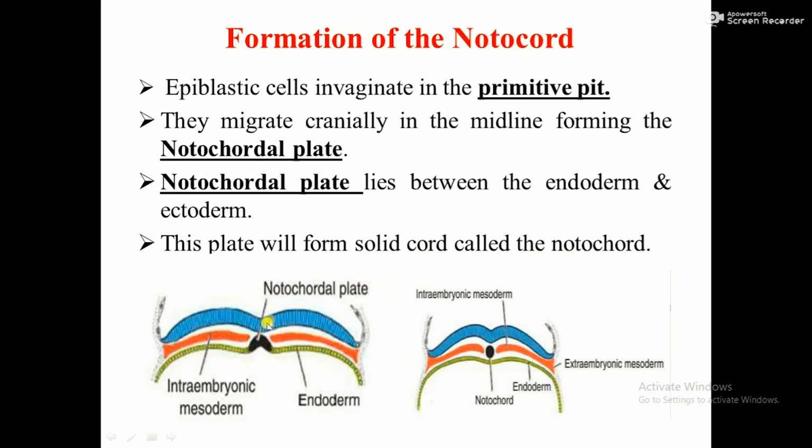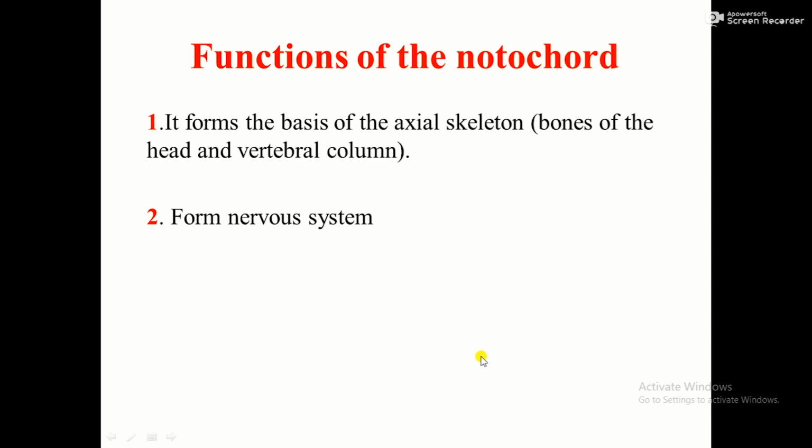The notochordal plate will develop to form a solid cord. We call this cord the notochord. So what is the function of the notochord? The notochord forms the basis of the axial skeleton, which is the bones of the head and vertebral column, and also this will form the nervous system.